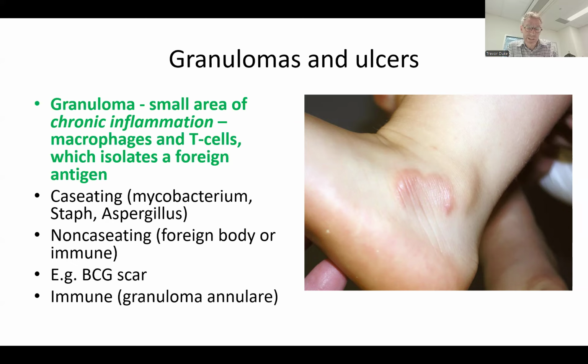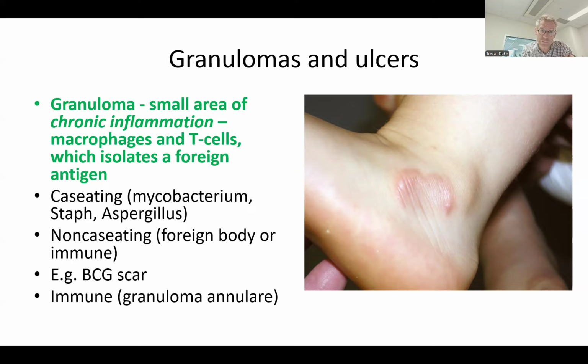Or they can be non-caseating, and certainly with a foreign body, you can get a granuloma over time, and that's because of infection and because of inflammation. But the body is always trying to isolate a foreign antigen and stop it becoming systemic and causing systemic illness.